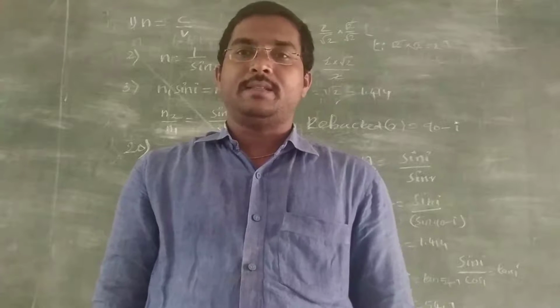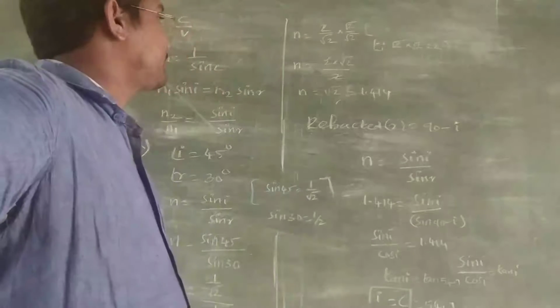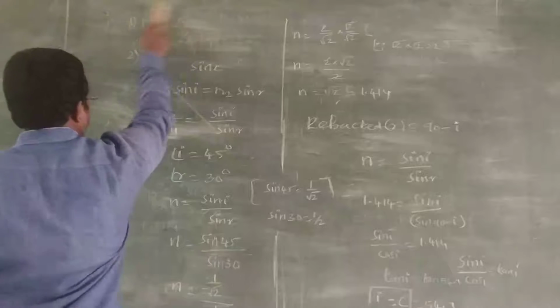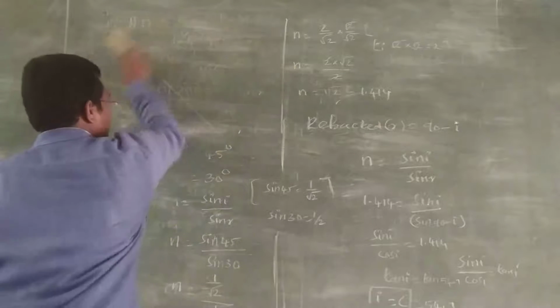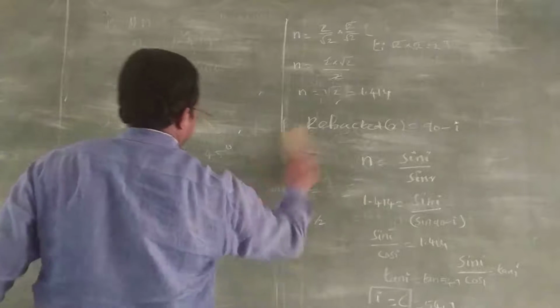Now critical angle C is equal to 54.7. So you want to calculate like this. Okay, you understand, my dear? So while watching the video, you must note down the values. Okay, then you understand that.